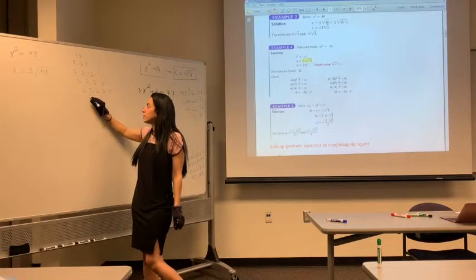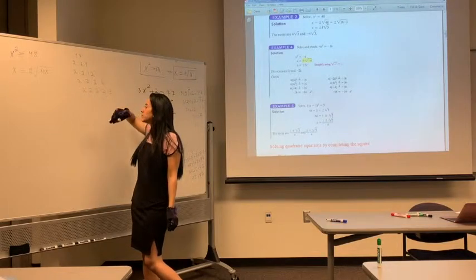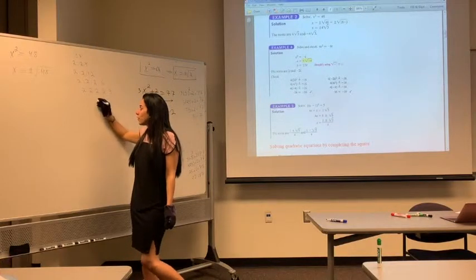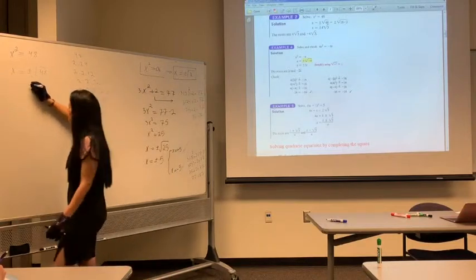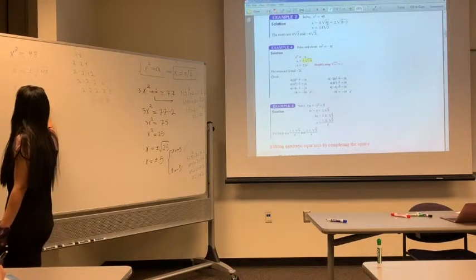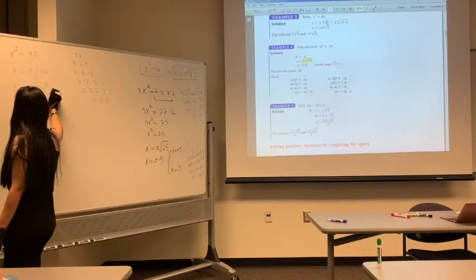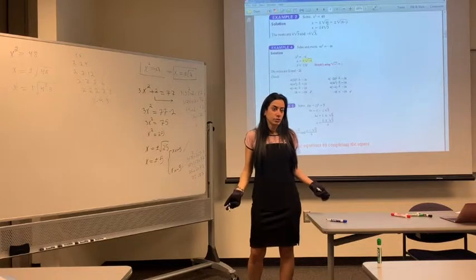So it will be 2 times 2 times 2 times 2 times 3. Or we could write 4 multiplied by 4 multiplied by 3, which is 4 power 2 times 3.